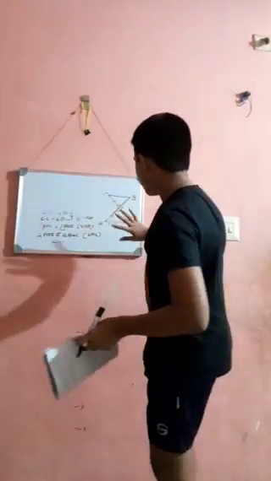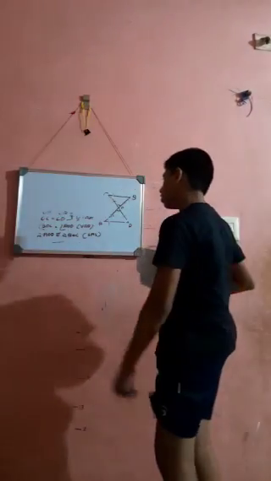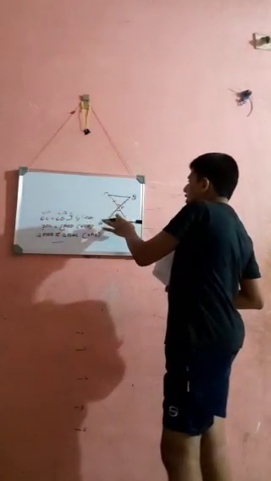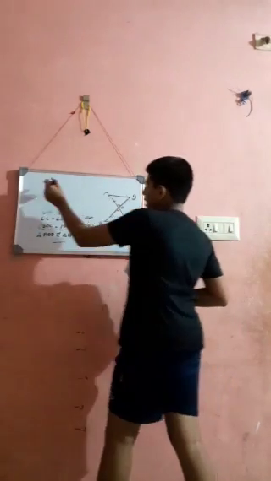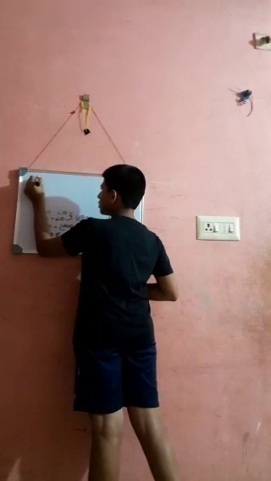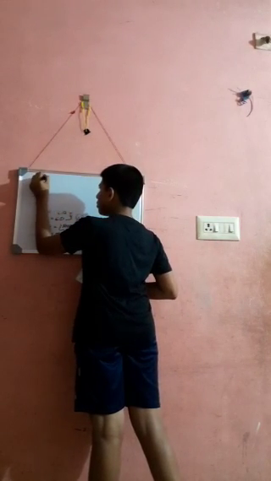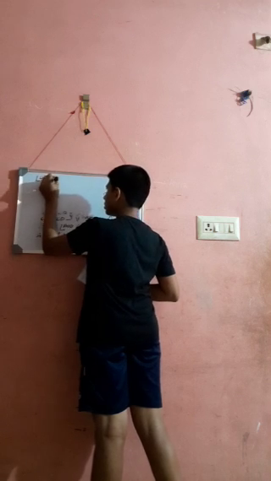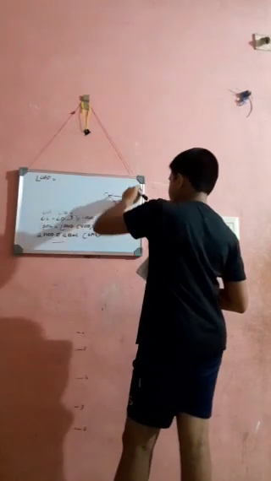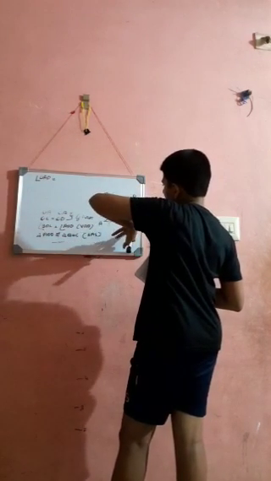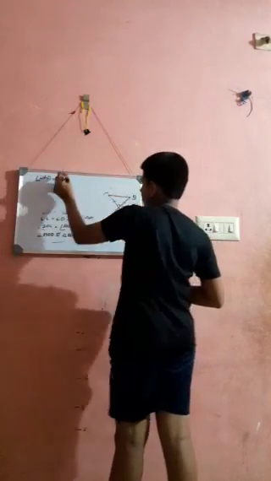So three in one, another three in the second triangle. So we mention one angle OAD. Angle OAD is equal to angle OBC.